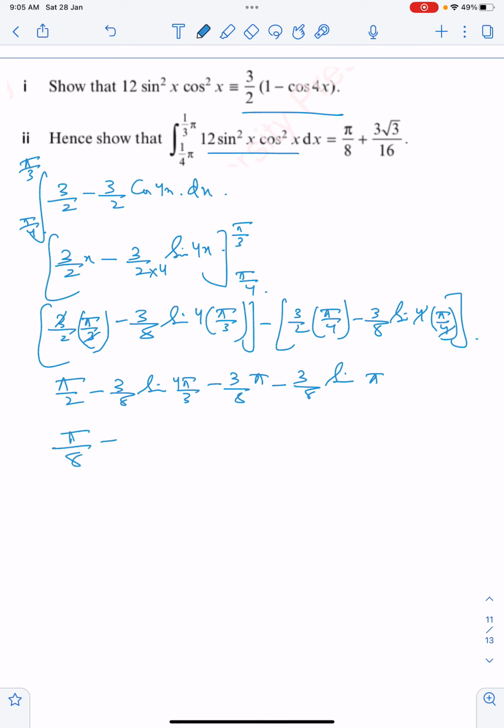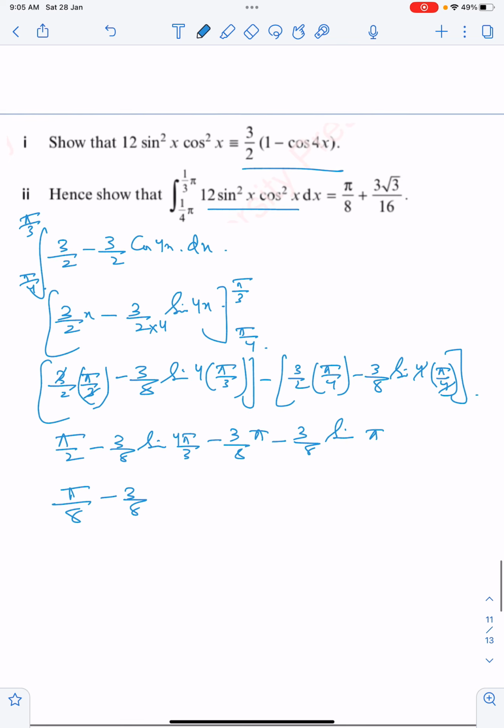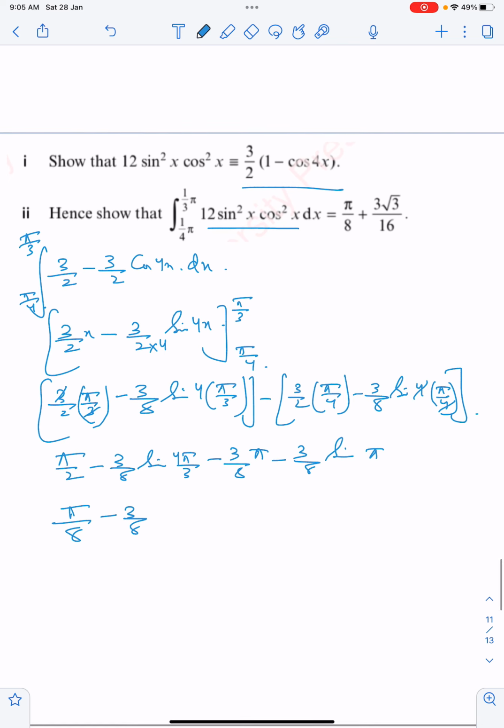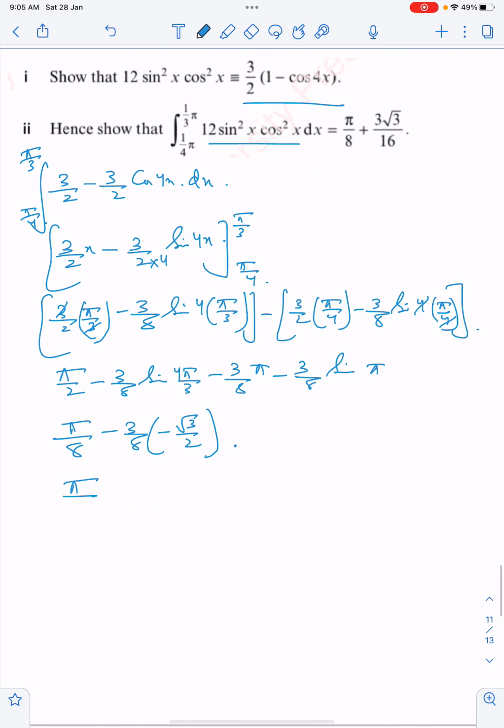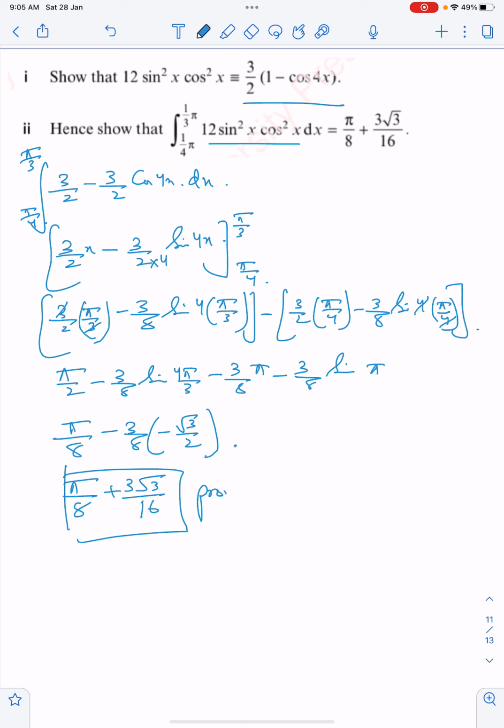Minus 3 upon 8 sine of 4 pi by 3, I'm solving. It's minus 3 upon 2, minus root 3 upon 2. This will become pi by 8 plus 3 root 3 upon 16. So this is proved. So we're done with this.